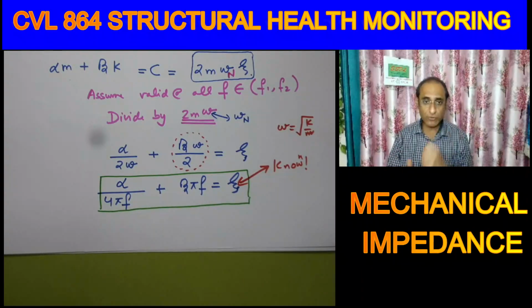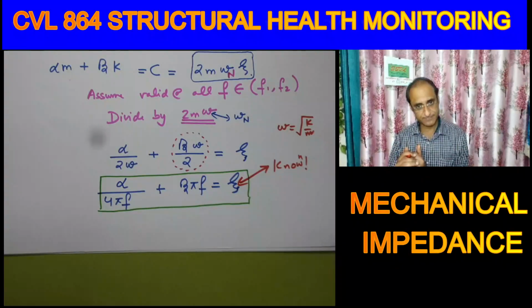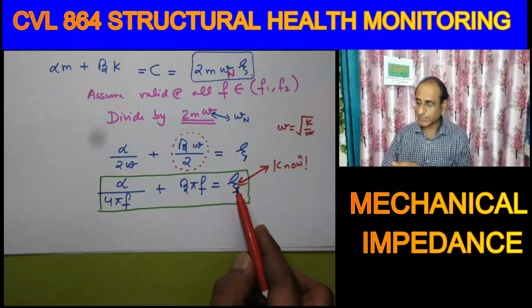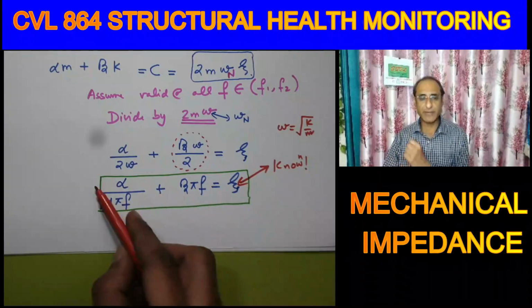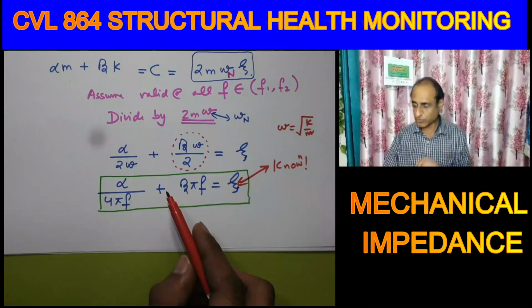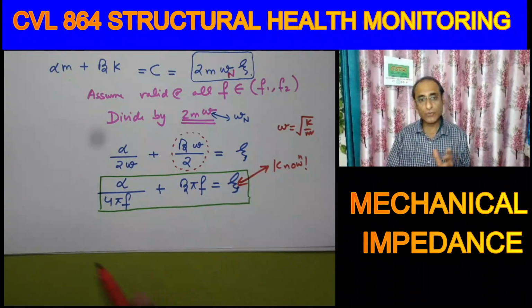So we have two unknowns, so we need two equations. Then only we will have a unique solution. Otherwise, there are infinite solutions. You have to satisfy this condition. Then you have infinite combinations of alpha and beta. So what we do to get a unique solution, we write this in two equations.